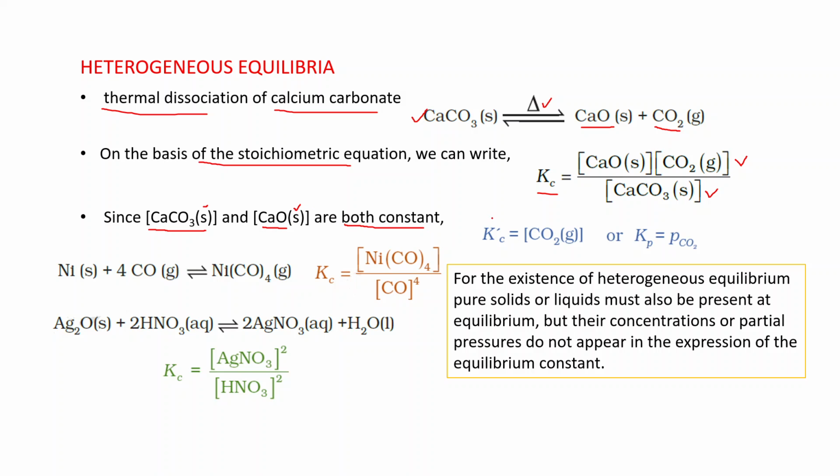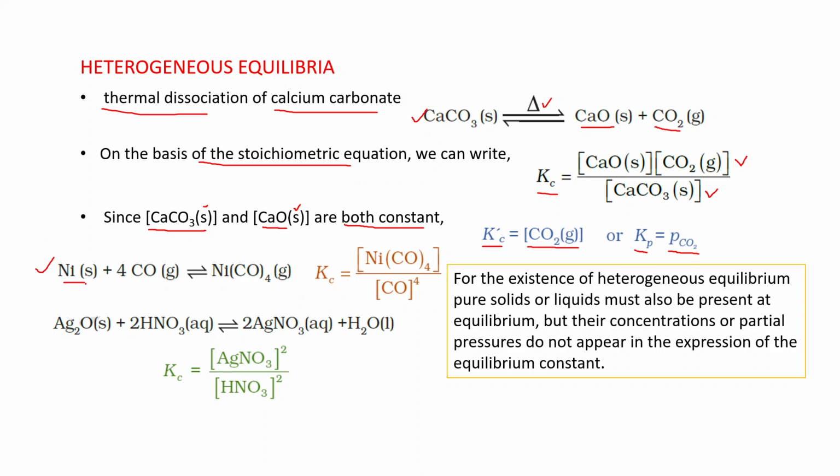That's why we ignore these terms and write the equilibrium constant expression like this: K dash c is the concentration of CO2 gas, that is, carbon dioxide in gaseous form. And if this is expressed in terms of partial pressure, then we can write Kp is equal to the partial pressure of CO2.